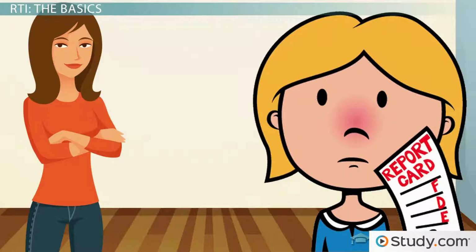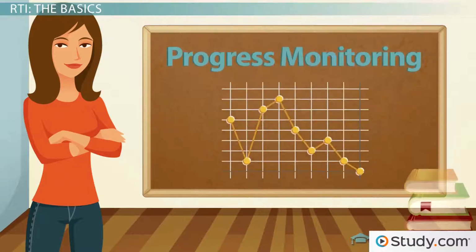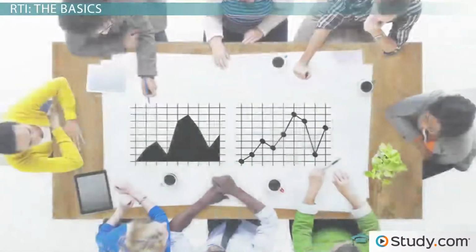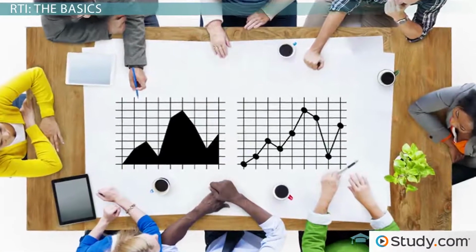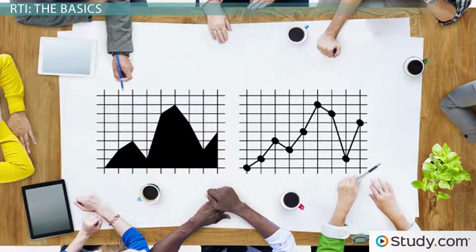After this initial screening, educators will implement progress monitoring strategies. Progress monitoring is simply a phrase used to describe follow-up assessments that provide information on whether or not students are making positive progress in response to instruction. Educators will use research-based measures to assure that students who are responding poorly to instruction are identified.